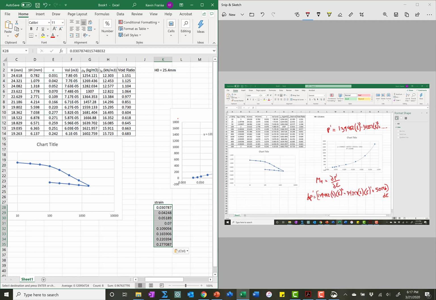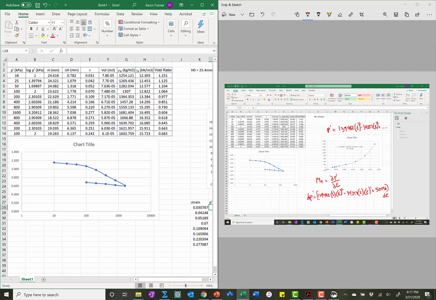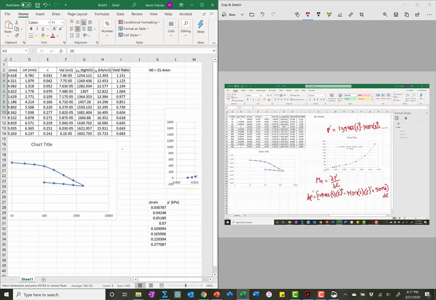I'll paste those numerically. So those are my strain values. Let's calculate my P prime values, and I believe those were in kPa. And that's equal to these values right here.